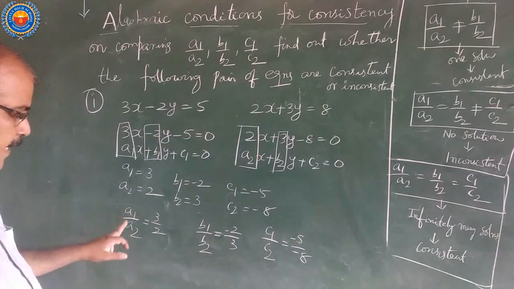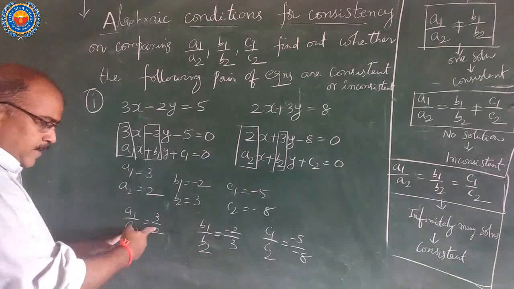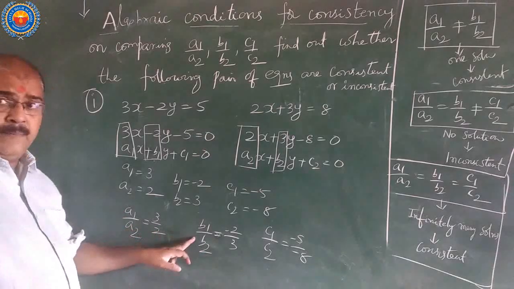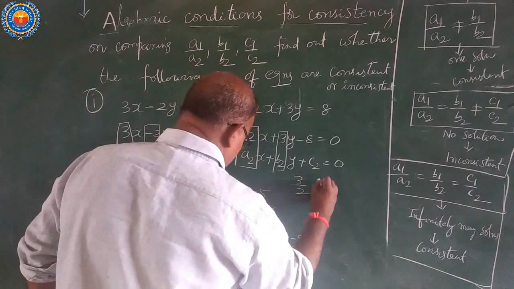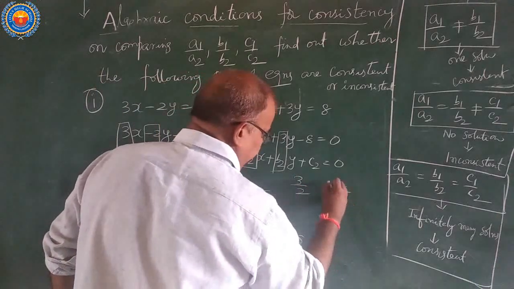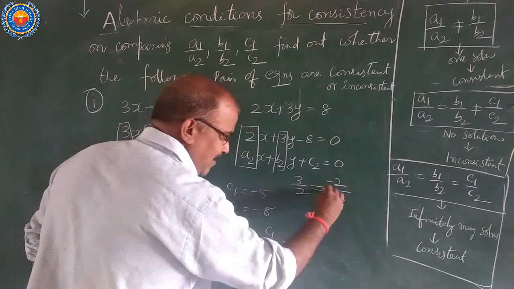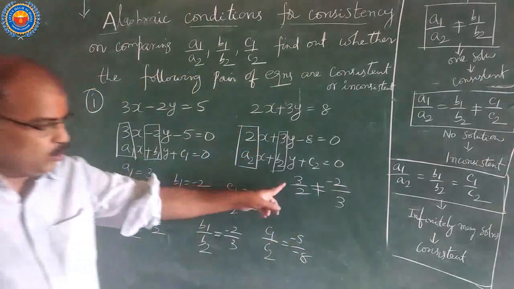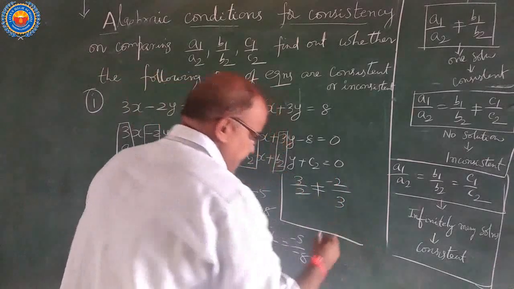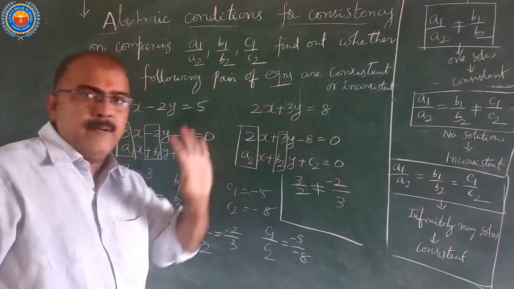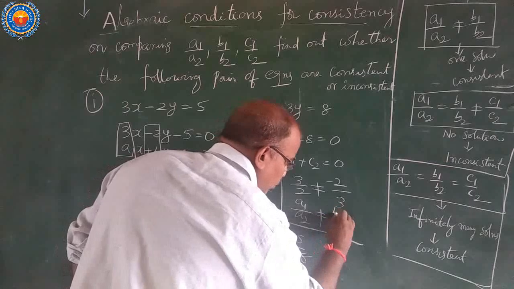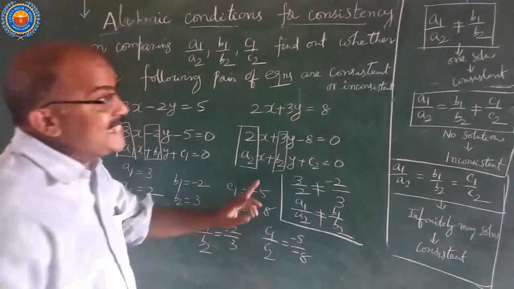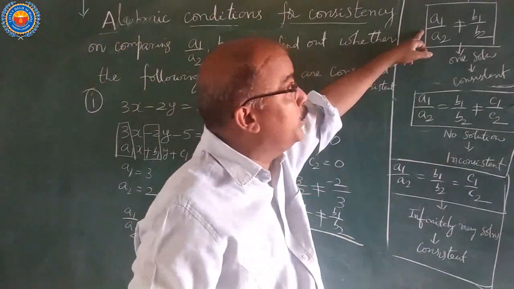Here A1/A2 is equal to 3/2 and B1/B2 is equal to -2/3. These two are not equal. This is the A1/A2 value and this is the B1/B2 value. Therefore, A1/A2 is not equal to B1/B2.